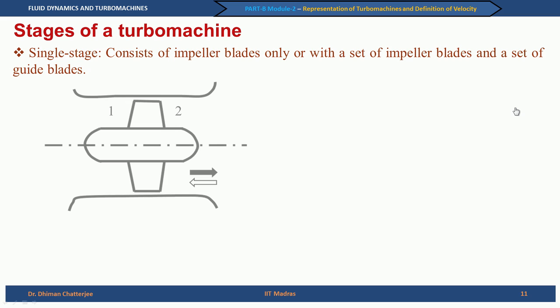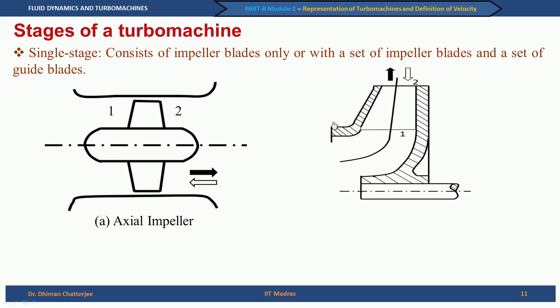Let us look at these pictures. So, this is an axial flow machine in which you can easily see that if you join a line 1 to 2, the flow direction is parallel to the axis. It is an axial flow machine because this is a rotor or an impeller vane, and this is the radial flow machine.